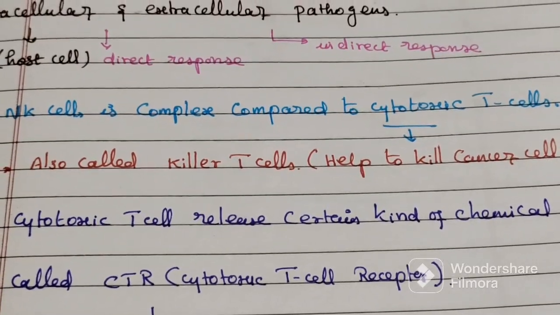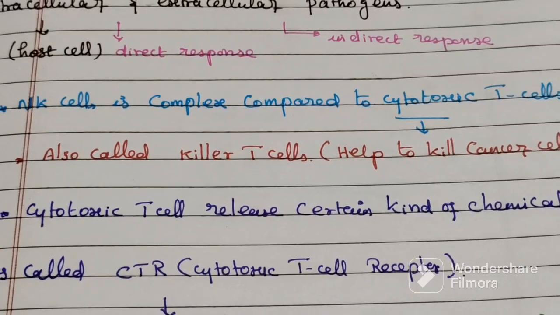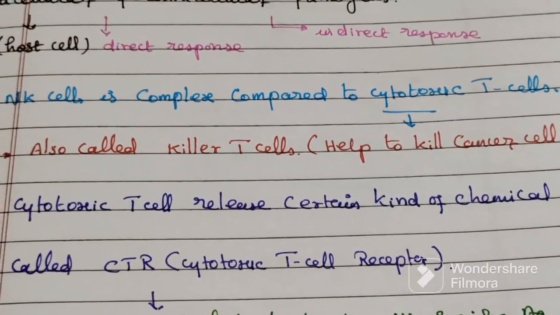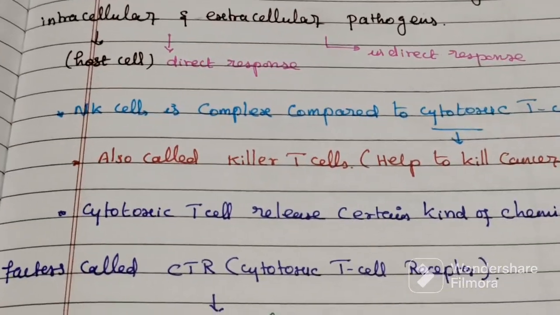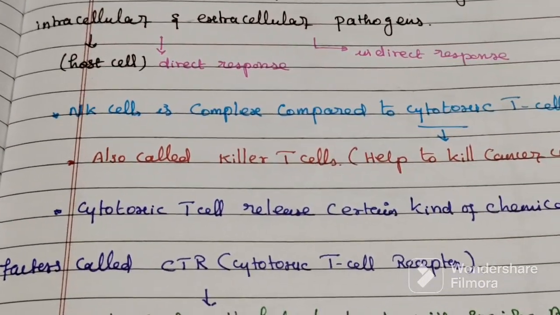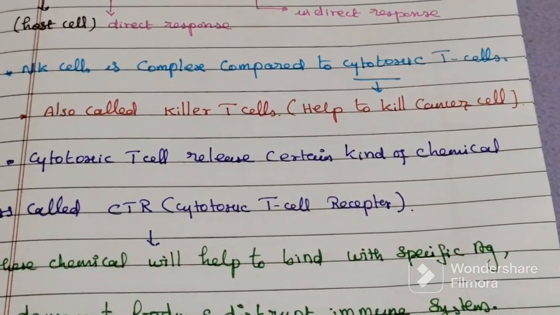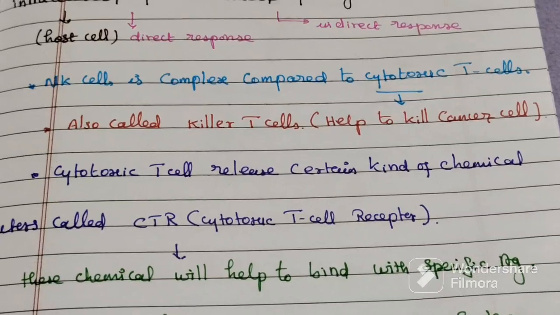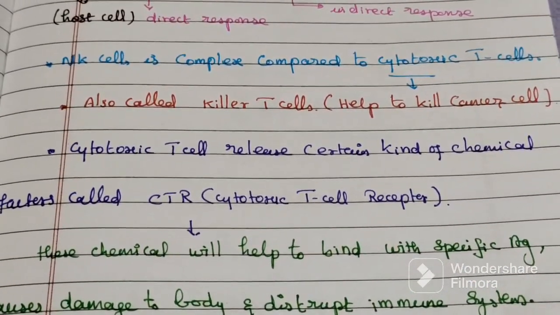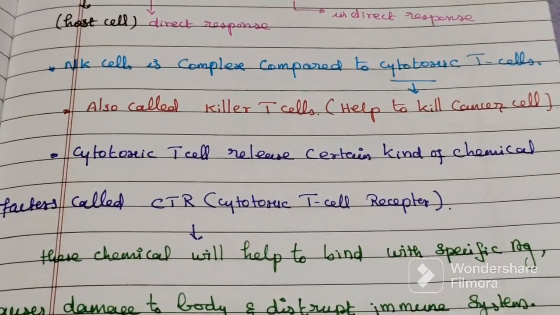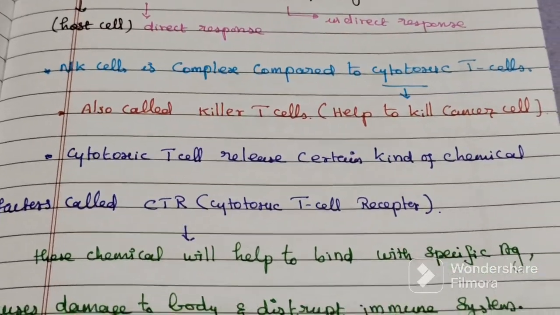The cytotoxic T cell releases a certain kind of chemical factor, called the cytotoxic T cell receptor, and these chemicals help to bind with the specific antigen which causes damage to the body and disturbs the immune system. But the immune system will not be disturbed because we have certain types of receptors or cells.